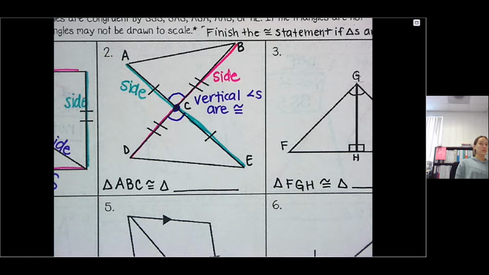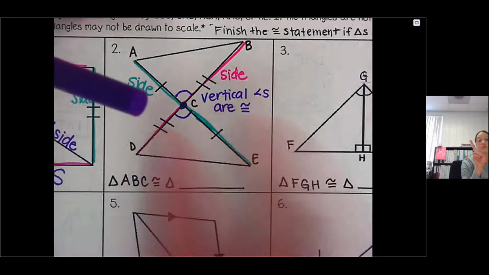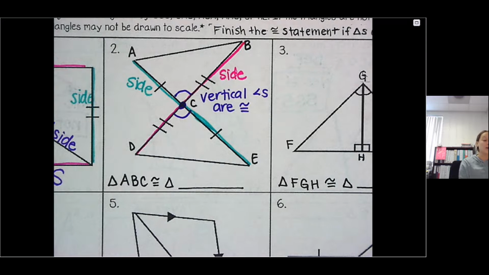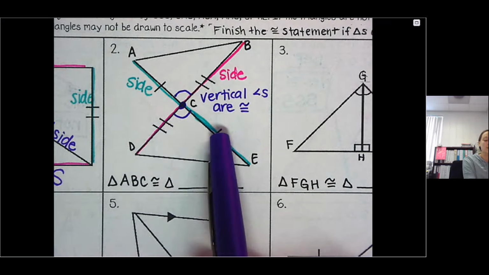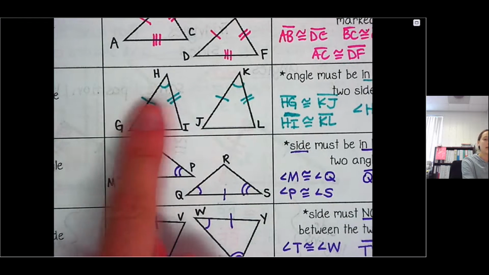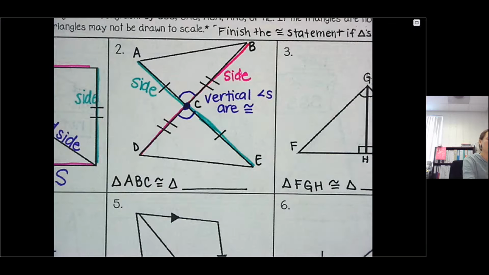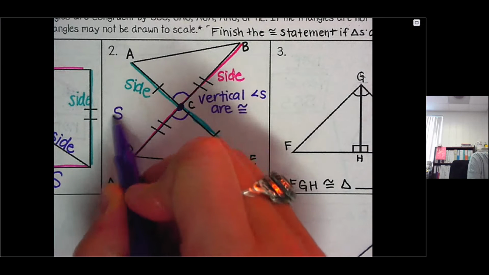I thought SSS. Well, to be SSS, all three sides would have to be marked, right? You don't have all three sides. You only have two. So she's right. It's got to be two sides with an angle in between them. Two sides with an angle in between them is side, angle, side. SAS. This is the sassy one.